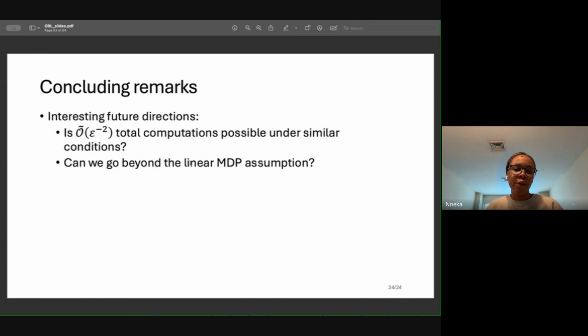And we know that the linear MDP assumption is of course weaker than that. So a good question would be if in the infinite horizon setting we can also get similar guarantees as that of Zanetti et al. And I think a more recent paper by Nneka Okolo as well.